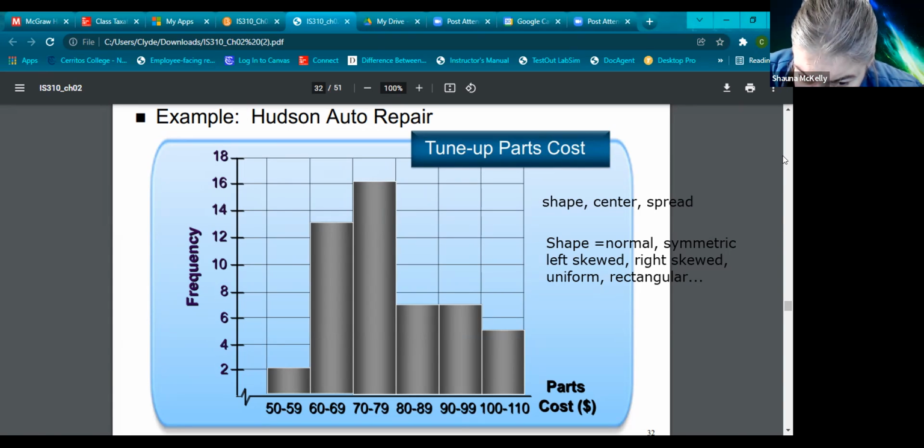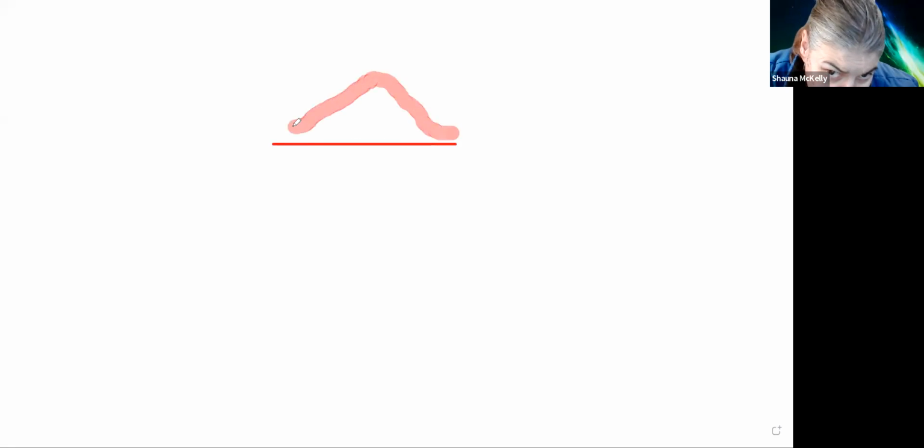Let me show you something here. I'm going to share the whiteboard for a second. When we talk about skew, students always have a question about how to name it. So if we're talking about symmetric, that's something like this.